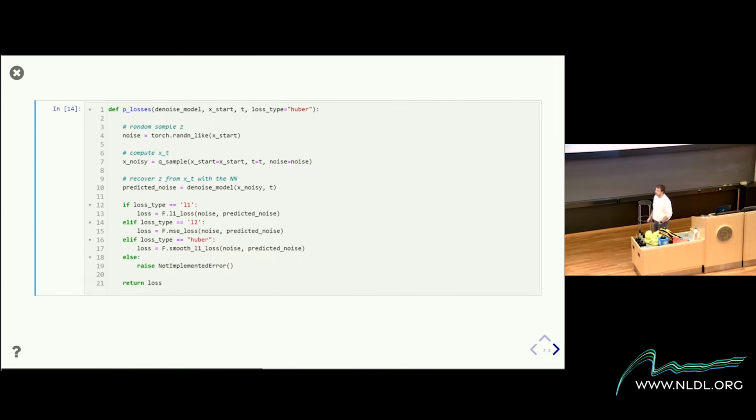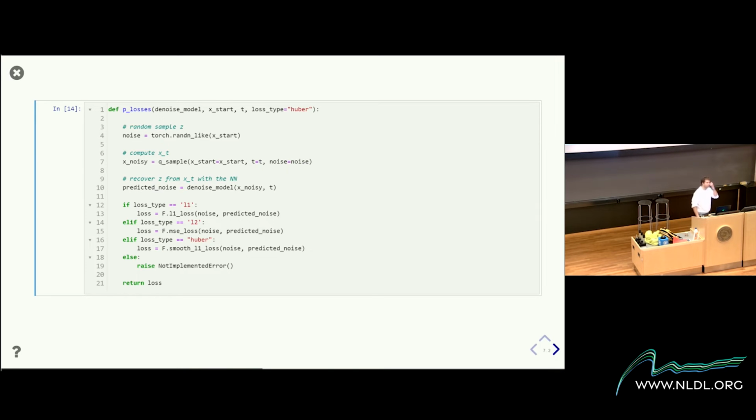Okay, so let's put this into code. This is the function that takes our UNet, the noise model, the x0, x start, time t, and we also define the loss type. So what we do is randomly sample the noise, z, and compute x of t.